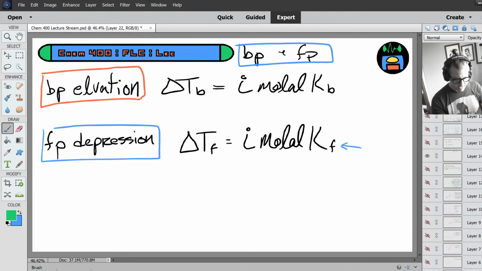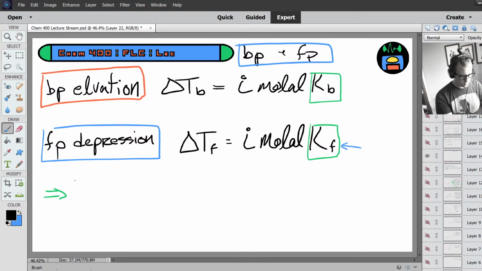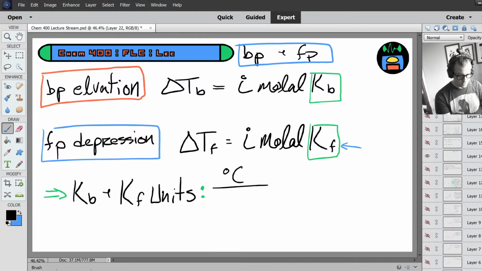One thing that I do want to mention, actually, is the boiling point elevation constant and freezing point depression constant have the same units. All right, their units are in degrees Celsius over moles per kilogram.